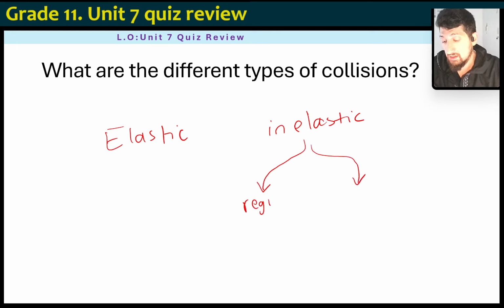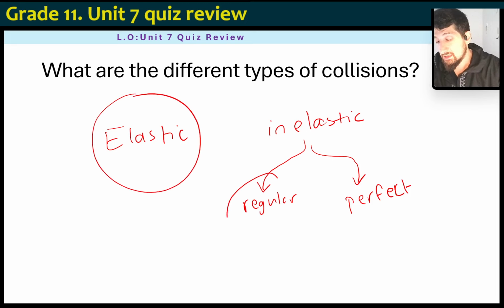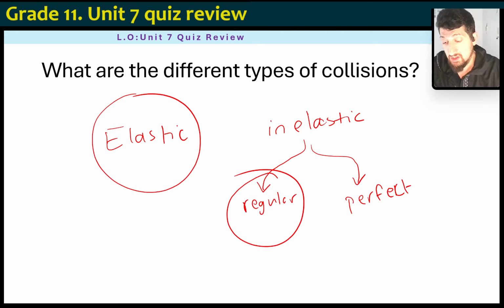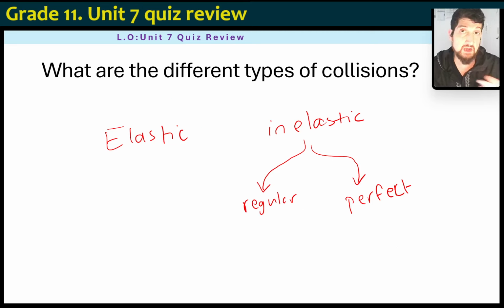So regular and perfect. What that has to do with the energy, we're not concerned with at the moment. All you have to worry about is, in terms of momentum, whether it's elastic, regular inelastic, or perfectly inelastic, all three of which have conservation of momentum. So that means momentum before equals the momentum after.